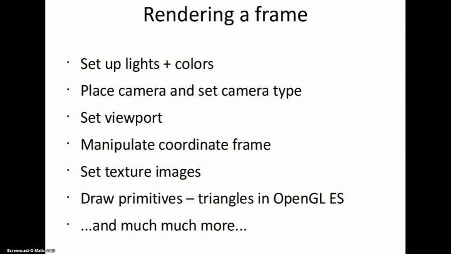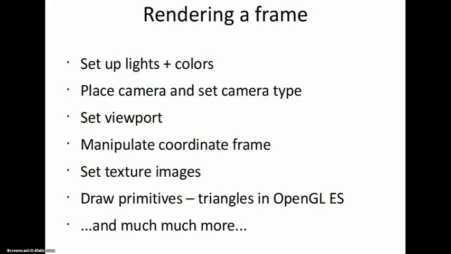We have to set up lights that will affect these colors. We manipulate our coordinate frame in order to position and orientate these different objects in our scene. We set up texture images to be projected onto these objects, and so on and so forth. And then we draw the primitives.